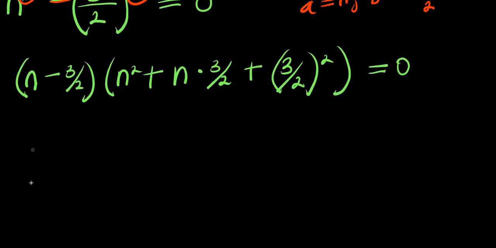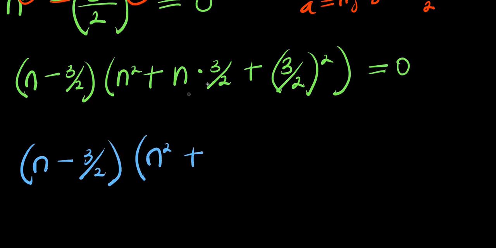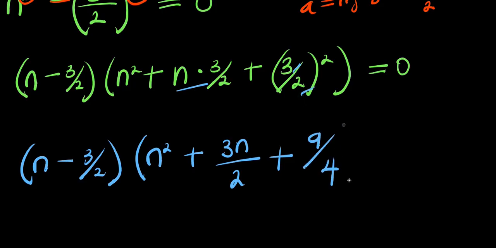So right now, you can have n minus 3 over 2 times this is n squared plus n times 3, that is 3n divided by 2 plus 3 power 2, that's 9, divided by 2 power 2, that is 4, and this equals 0.